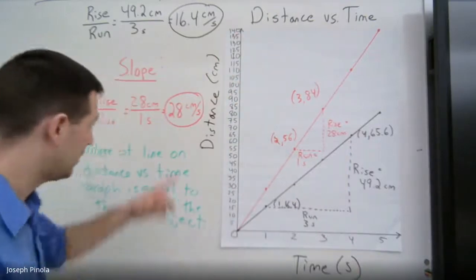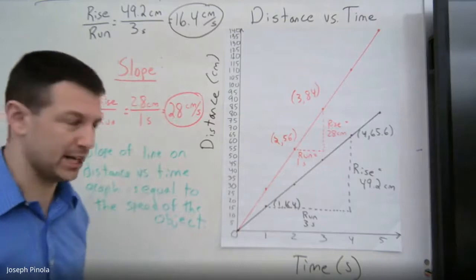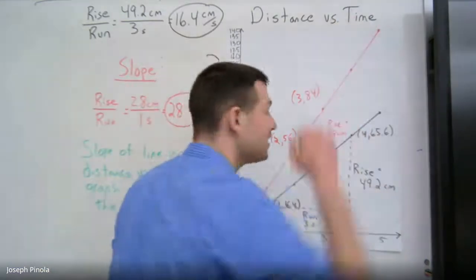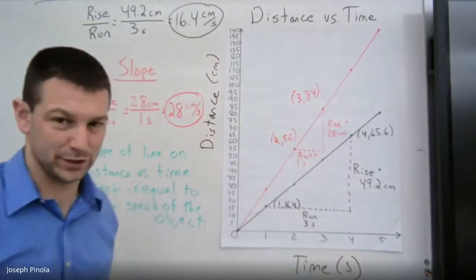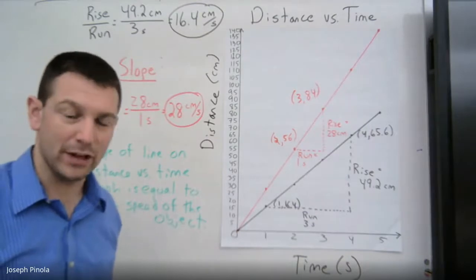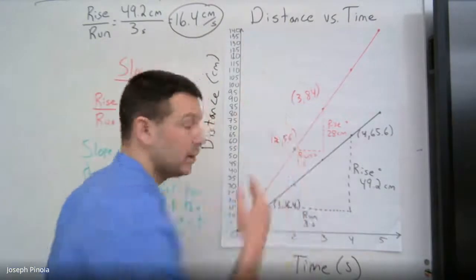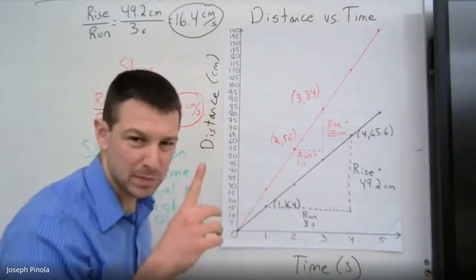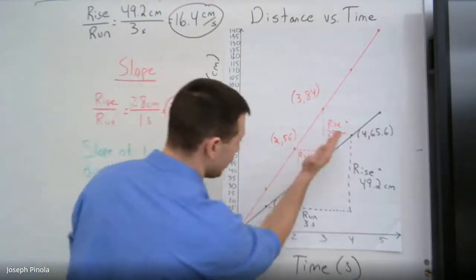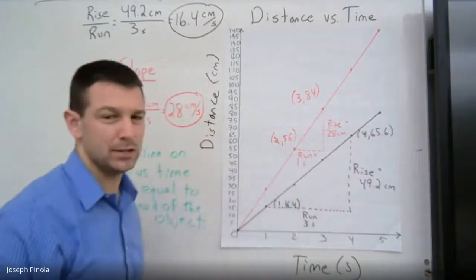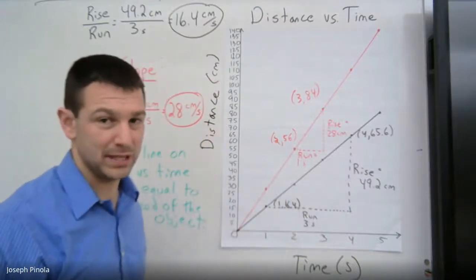Just as the red train moved at 28 centimeters per second, and that was the slope of its line on the distance versus time graph. If a line on a distance versus time graph has a big slope, it is moving at a fast speed. And if it has a very low slope, then it is moving at a very slow speed.